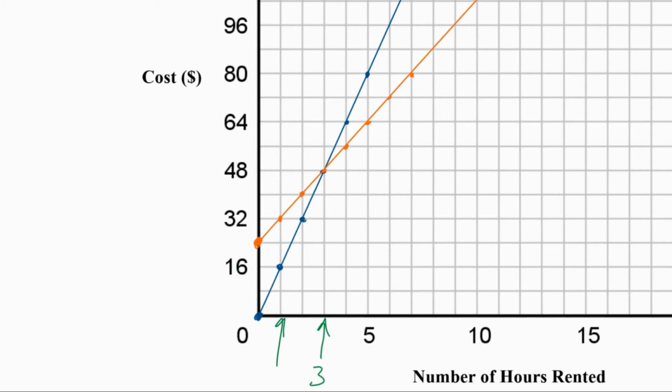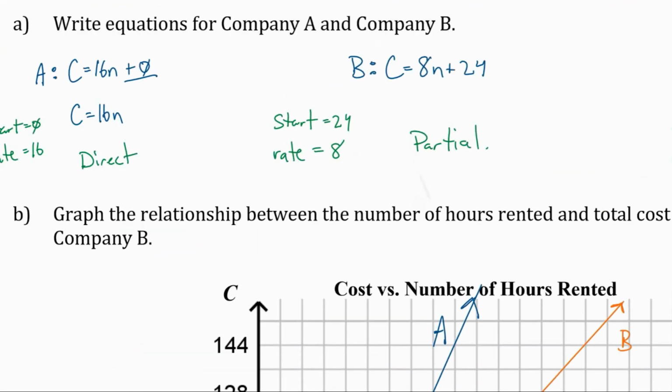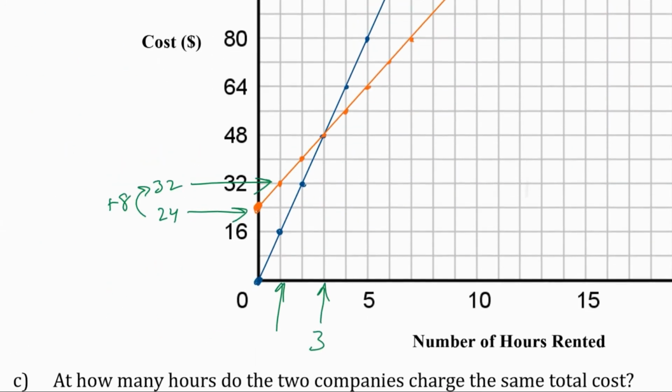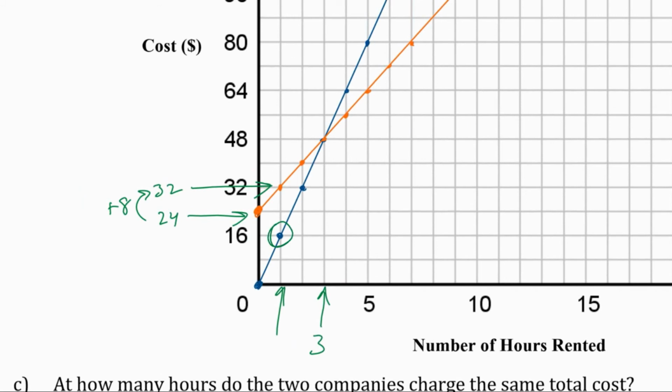But when it goes up to 1, it doesn't go up to 8. It's already above 8. It's going up from 24 to 32 because that's an increase of 8. So company A is going up by 16 every hour, 16 each hour. And because it started at 0, the first hour is at 16.